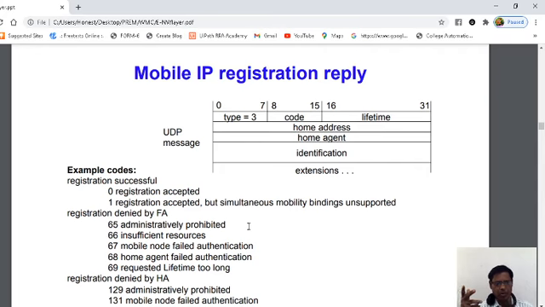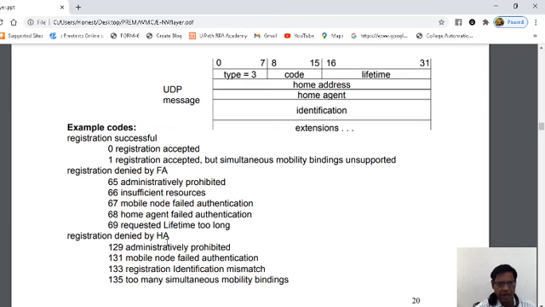67 is for the mobile node. Every code has a specific meaning. 129 is used for administratively prohibited. 131 is used for mobile node failed authentication. 133 is registration identification mismatch. 135 is used for too many simultaneous mobility bindings.